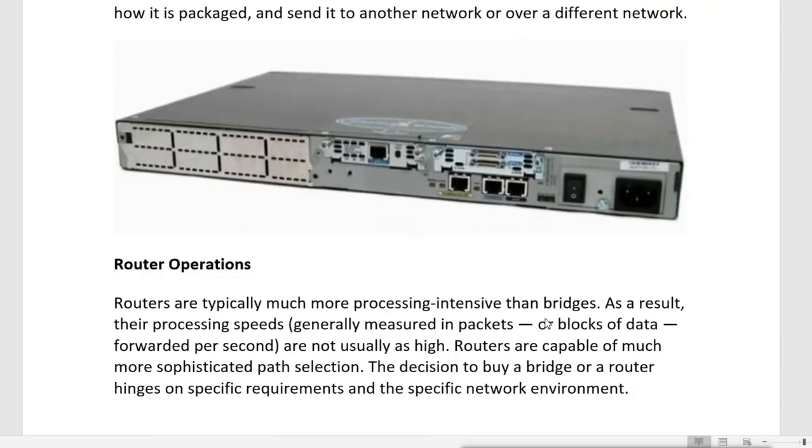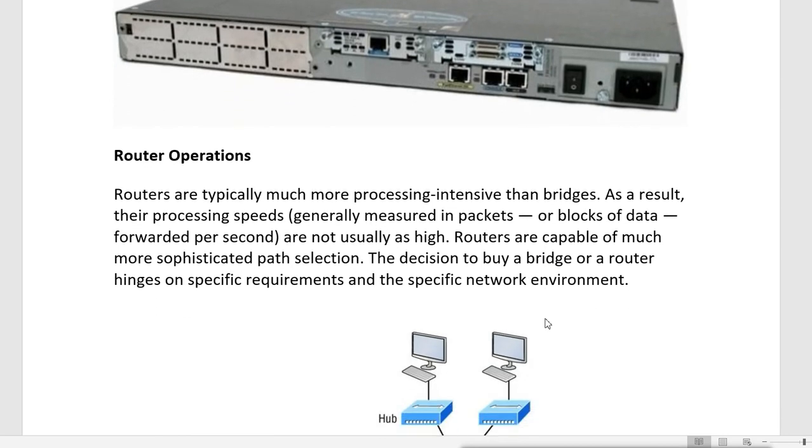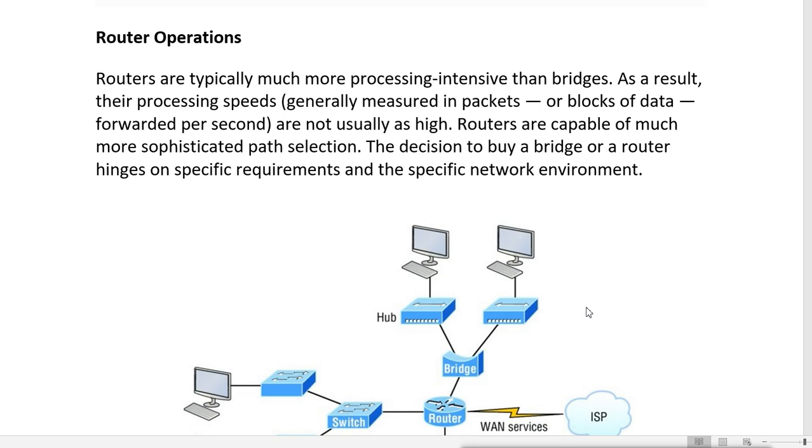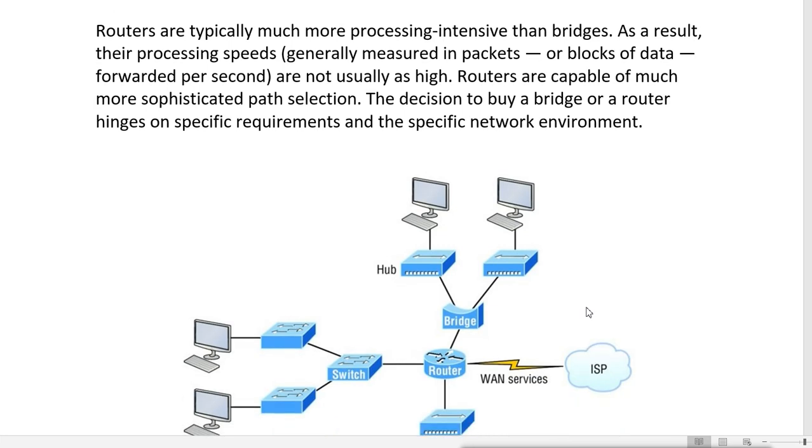Operations of routers. These routers are typically much more processing intensive than bridges and switches. As a result, their processing speed, generally measured in packets or blocks of data forwarded per second, is not usually as high.